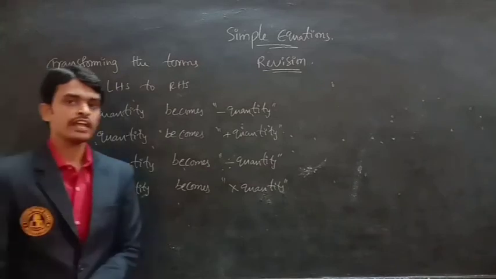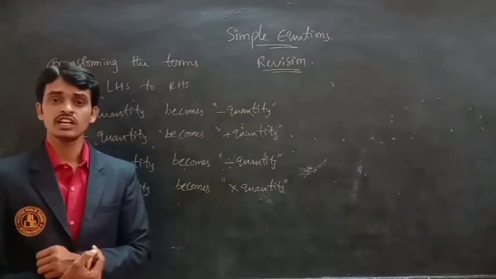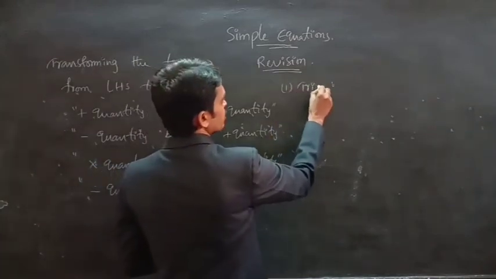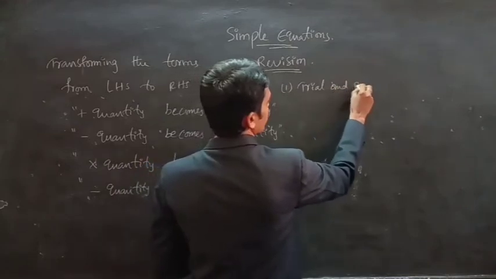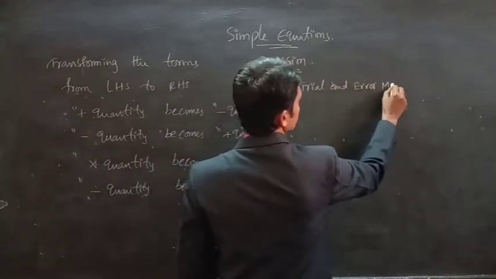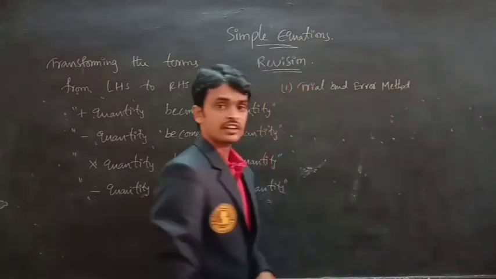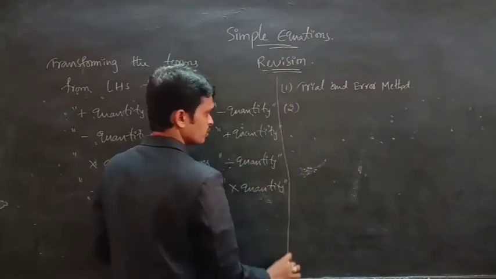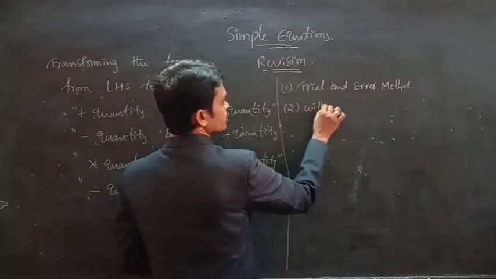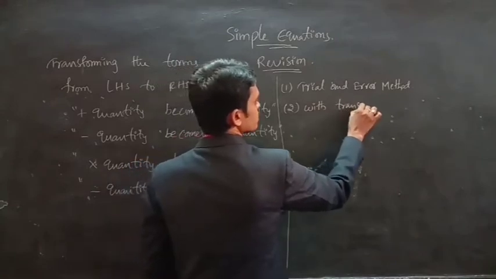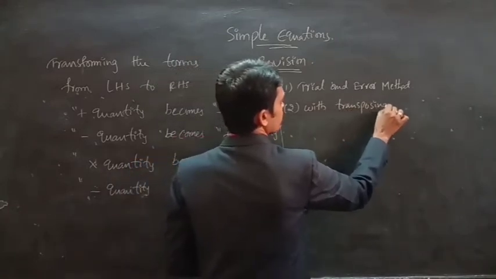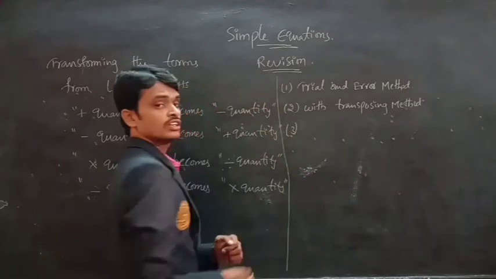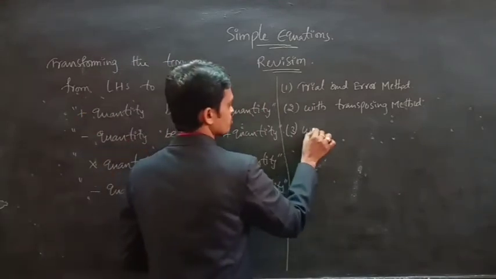Now we have three different methods to solve simple equations. First one is the trial and error method, second one is the with transposing method, and third one is the without transposing method.